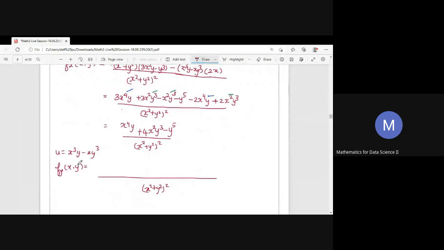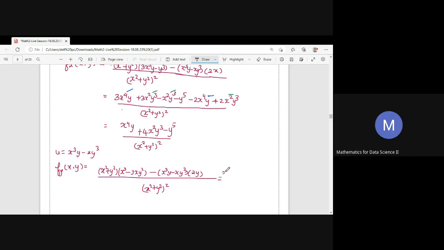Now with respect to y, using the same formula, you get x squared plus y squared into x cube minus 3xy squared, minus x cube y minus xy cube into 2y.